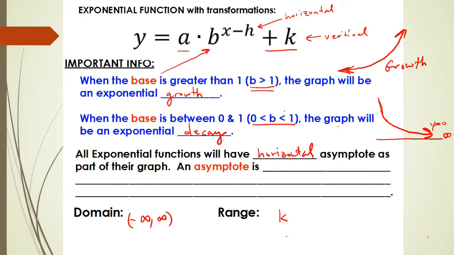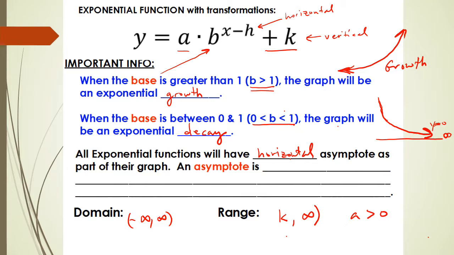Because the exponential growth and decay functions start at 0, but if we shift the entire graph up, it's whatever that k value is. Well, if it's growth, it'd be from k to positive infinity. If it's reflected, it might be flipped around. It might be negative infinity to k.